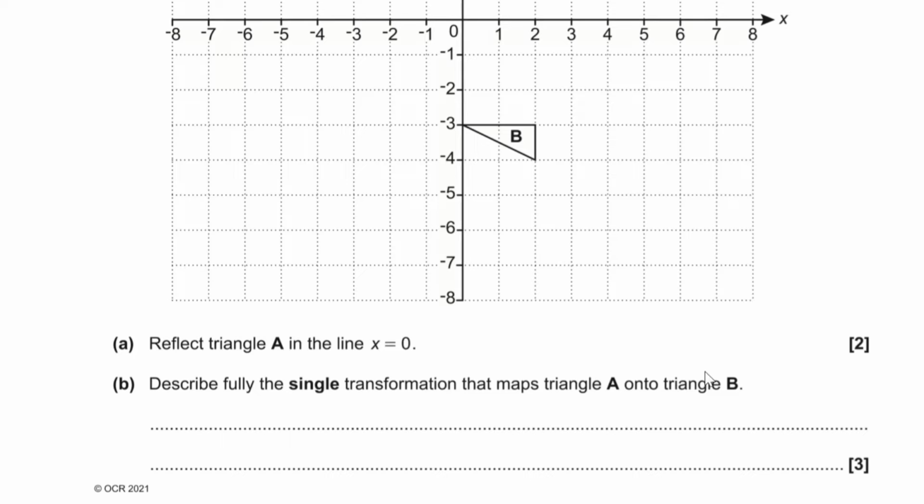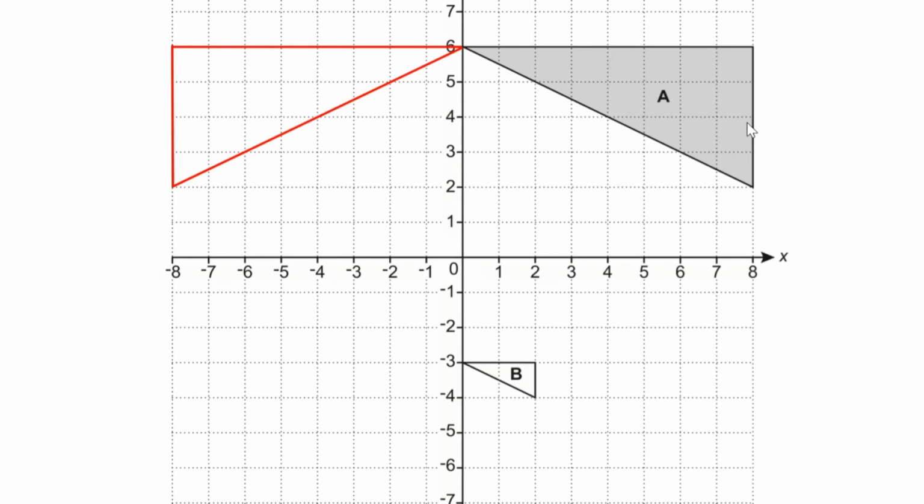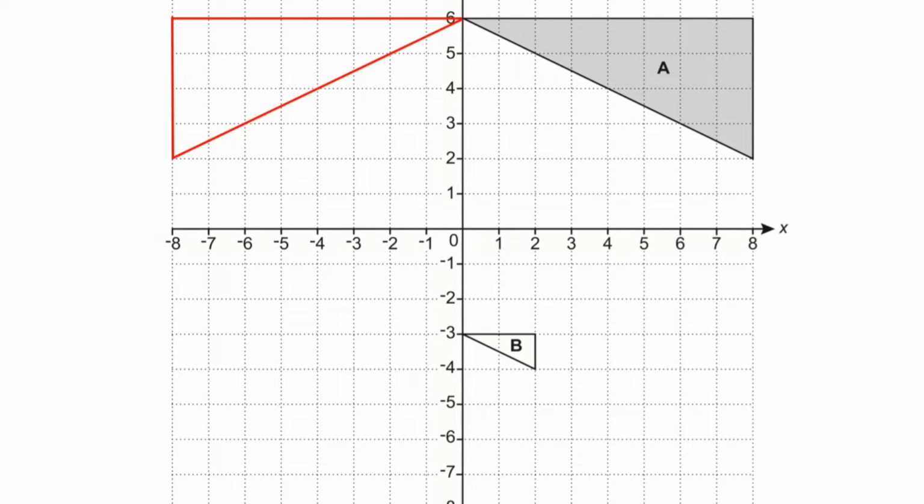For part B of the question, we have to describe fully the single transformation that maps triangle A onto triangle B. Well, we are going from A to B. What we need to do is, first of all, find out the center of enlargement. And one way in which we could do that is to create ray lines.